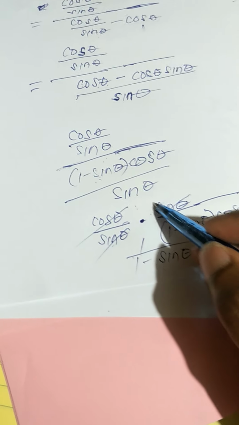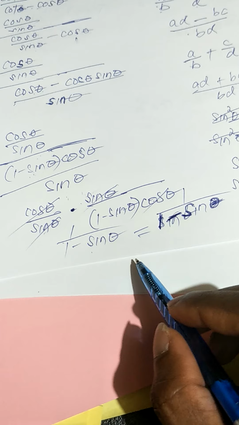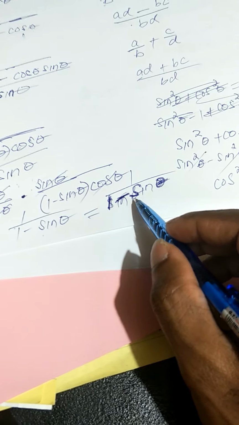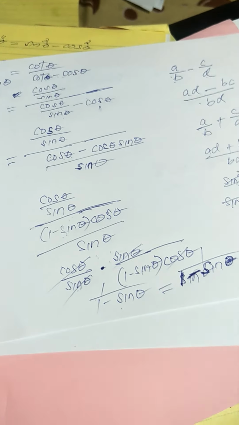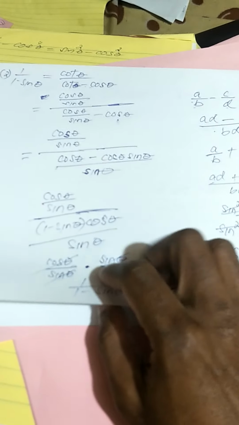Know that according to common sense, my 1 is on top here. So this is where 1 over 1 minus sin theta is equal to 1 over 1 minus sin theta. So guys, this is our final answer for what I did here.